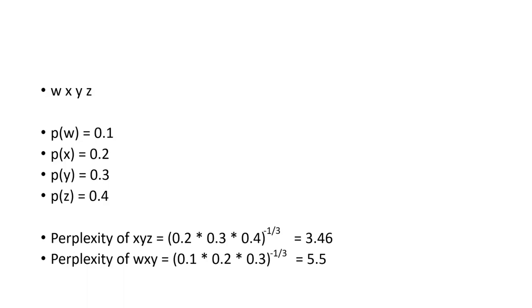Perplexity itself is the geometric mean of inverted probabilities, which is why we are raising it to the power of minus 1/3. So the perplexity score for XYZ is 3.46 and the score here is 5.5. So obviously the score is more here and the score is less here.